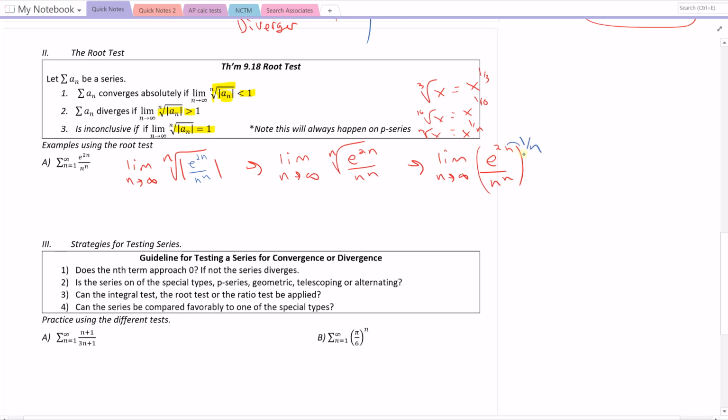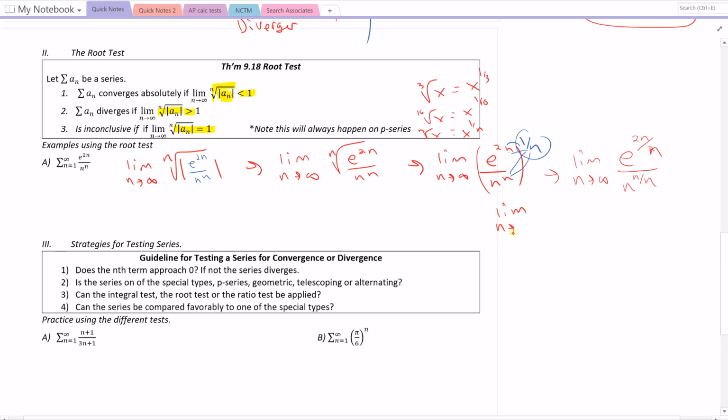And properties of exponents say that this 1 over n distributes in there and gets multiplied. So this becomes the limit as n goes to infinity of e to the 2n over n divided by n to the n over n. We took this guy, multiplied it in there and there, and then we simplify.